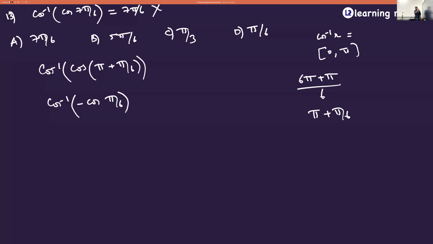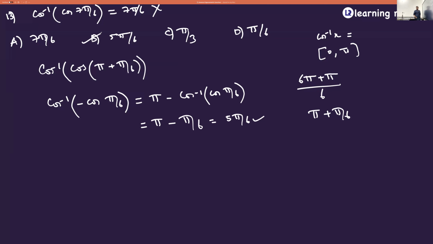So cos pi by 6, if I treat it as x, cos inverse of negative of x is how much? Pi minus cos inverse of x, which is cos pi by 6. Are you able to understand what I did? The third property. So pi minus, what is cos inverse of cos pi by 6? The answer is pi by 6. So this will be the answer.